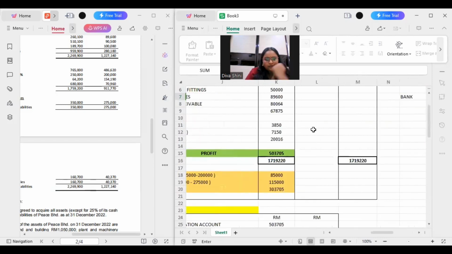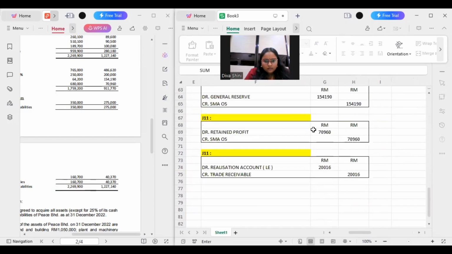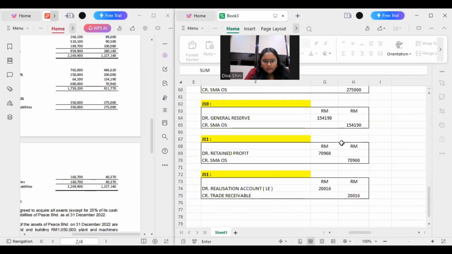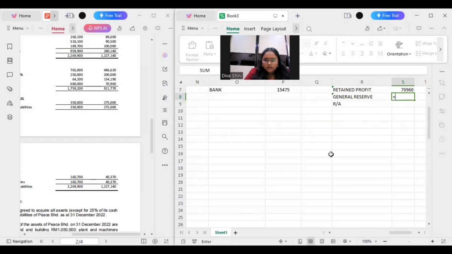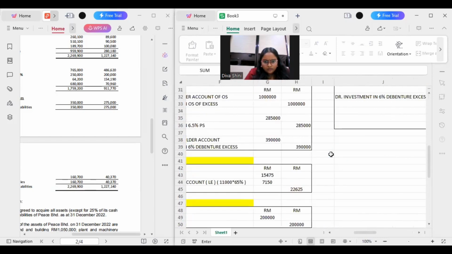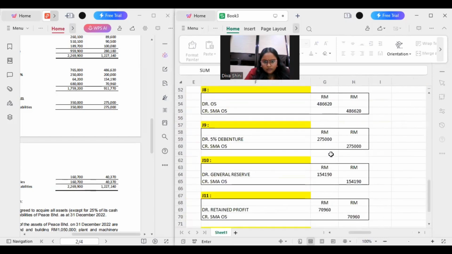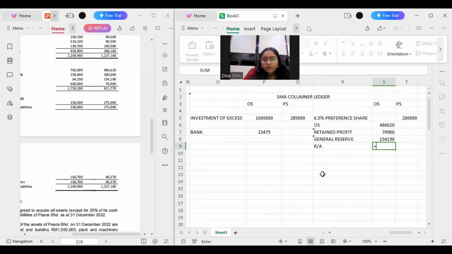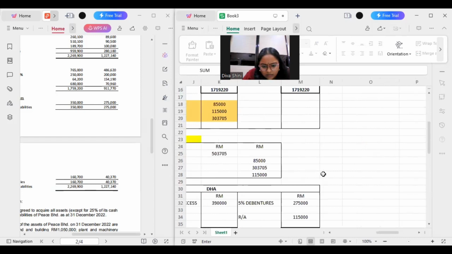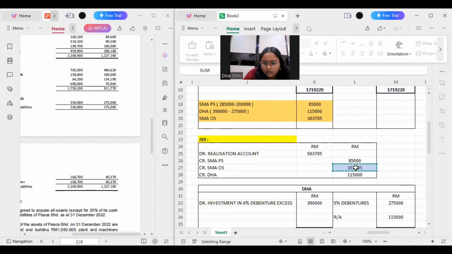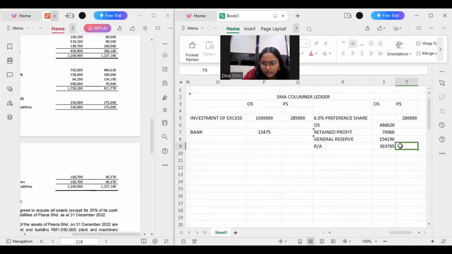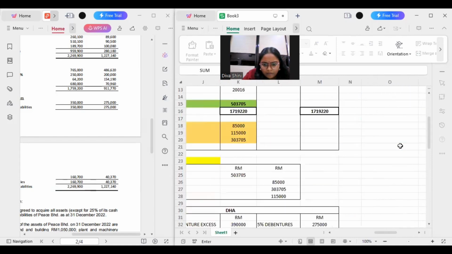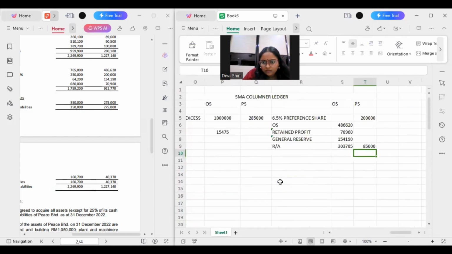Retained profit, general reserve, and also the RA is from the realization journal 10, which is OS is 303, and the PS will be 85,000.